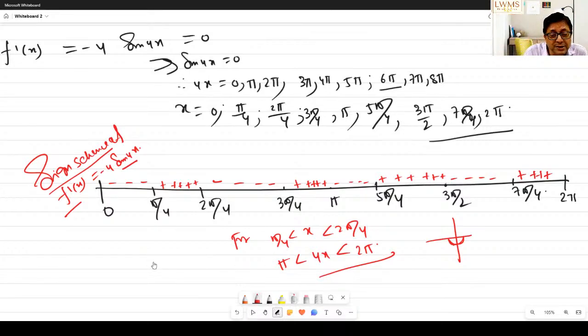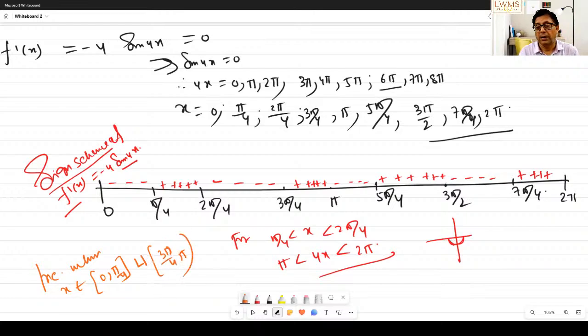So when you are writing your answer, it is increasing when x belongs to where? 0 to pi by 4, union 3 pi by 4 to pi, union 7 pi by 4 to 2 pi, because they said 0 to 2 pi, you have to do all.